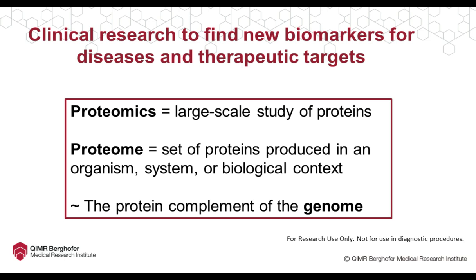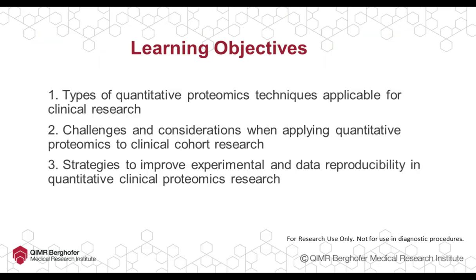But of course, the proteome includes differentially spliced proteins, truncated proteins, and post-translationally modified proteins, so it's actually a lot bigger than the genome. Studying this big complex proteome is rather challenging, and hence our webinar today to discuss how we can make the measurement of proteomes much more robust for clinical research.